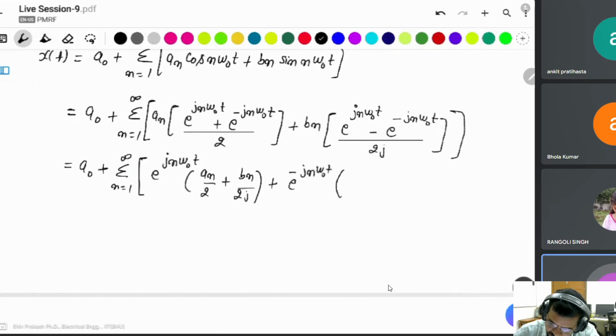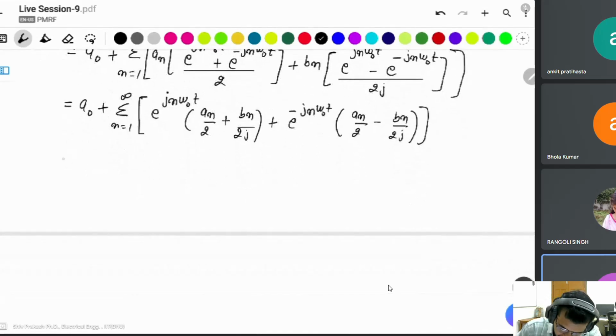This will be an by 2 minus bn by 2j. Summation n equal to 1 to infinity. Take 2j common, multiply numerator and denominator by j; the denominator will be minus 2 here.